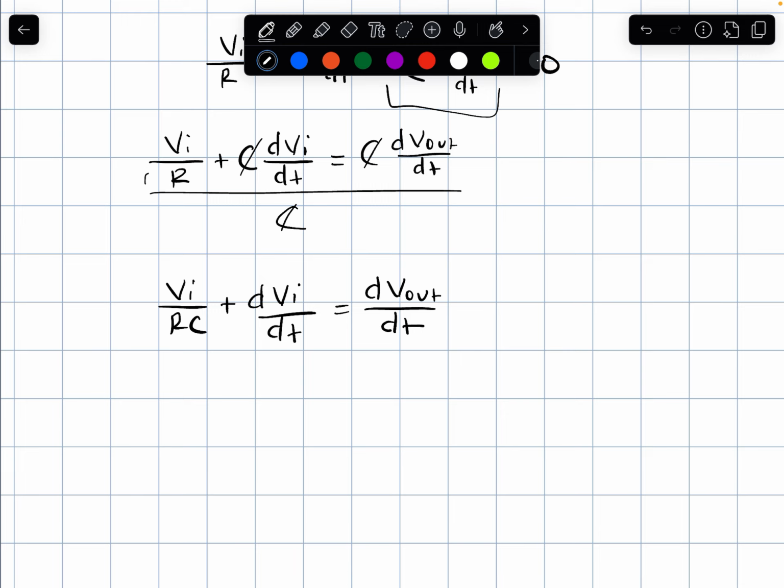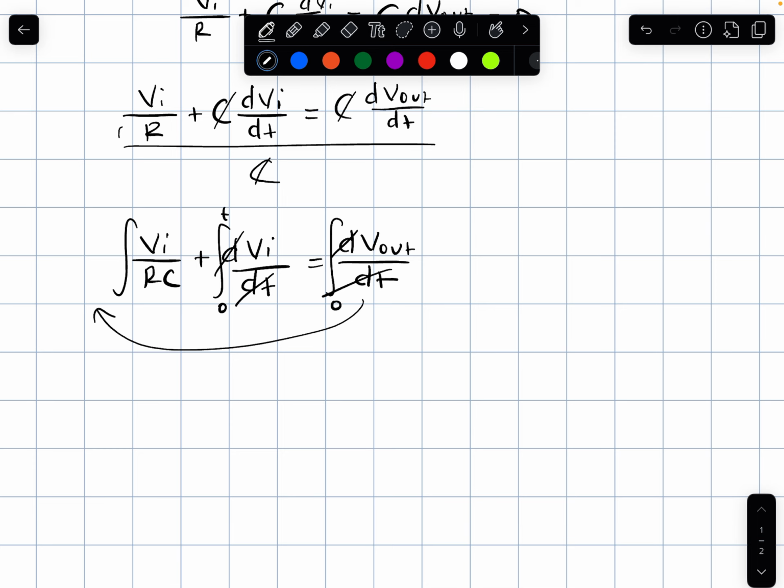And now we can start taking the integrals to get rid of the dt's. So we have to integrate all of it. That would get rid of this, which would leave us with, I'm going to move this to this side because we're getting in terms of V out. So the integral, well, it's a definite, so it's from 0 to t.